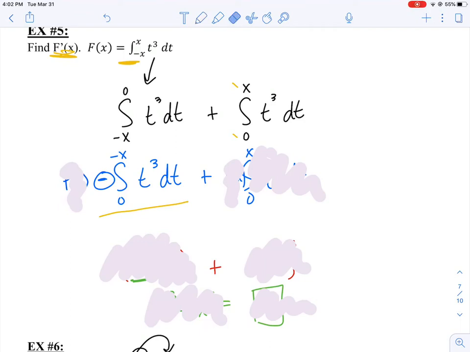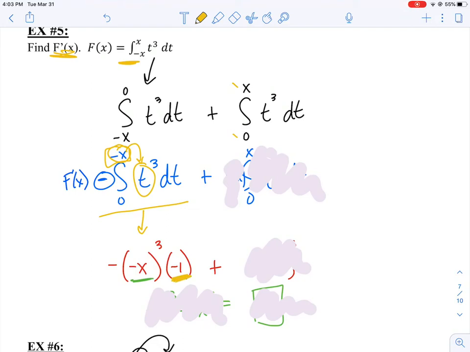If this is the antiderivative and I want to take the derivative, well, we know that the derivative of the antiderivative, using my fundamental theorem of calculus, says that I could plug this in to my variable, and then I just have to make sure that I multiply by the derivative of that upper limit. So that's what I have. I've plugged in my negative x into my variable.